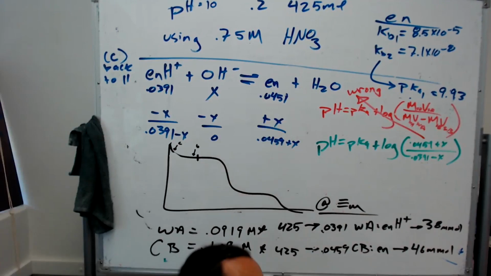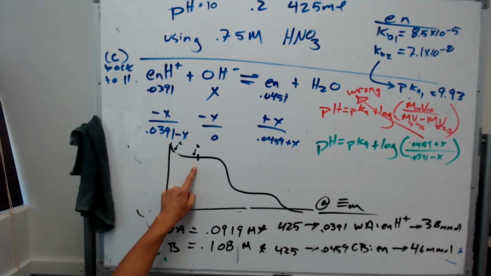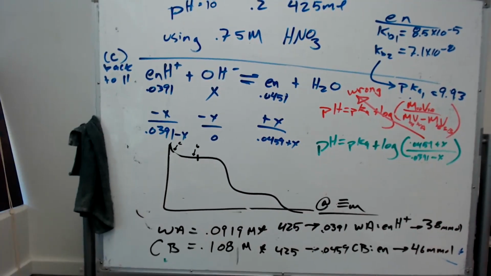The reason people got nonsense answers when they went straight to the shortcut was because the shortcut says you've got protonated ethylene diamine that you're reacting with a base. But we didn't have any protonated ethylene diamine at the start. So you're also doing something that doesn't make sense. You were calculating values like hundreds of milliliters because they were essentially going from here all the way back. And that's also not what the question was asking.